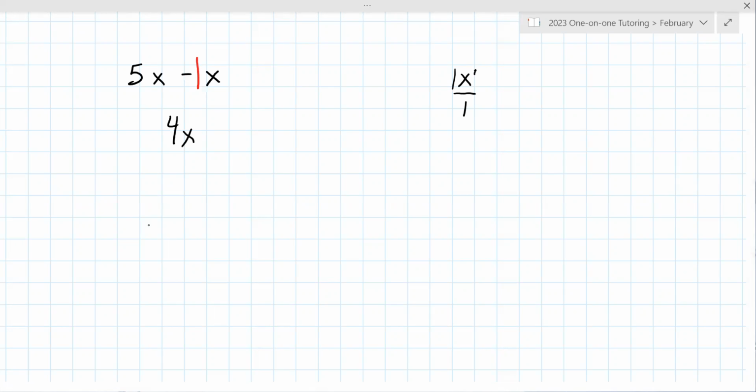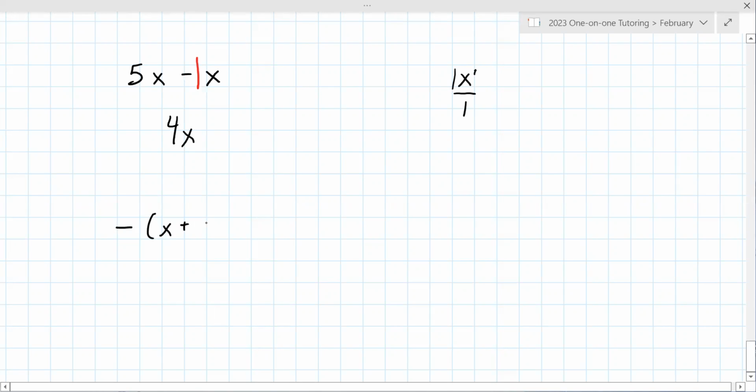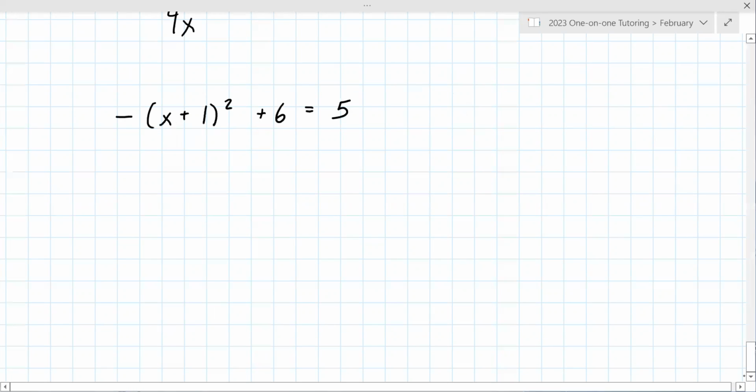Okay, so what if there's a negative out in front of something like this? Let's work through this one together. Let's say I ask you to solve this. What would you undo first? Subtract 6 from both sides.